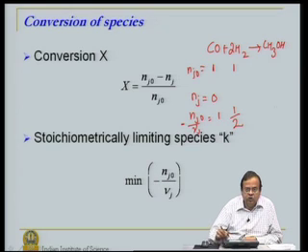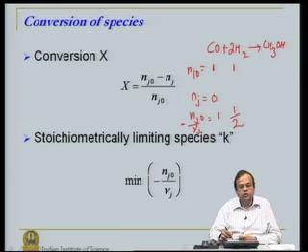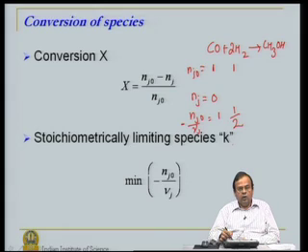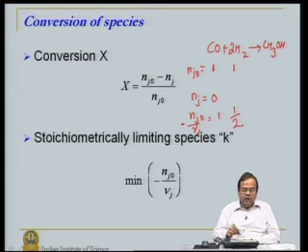If there are more species, we look at each of these ratios Nj0 by nu j, and the species for which this ratio is minimum is my limiting species. So, I now have a concept of limiting species, and conversion is referred to in terms of that limiting species.